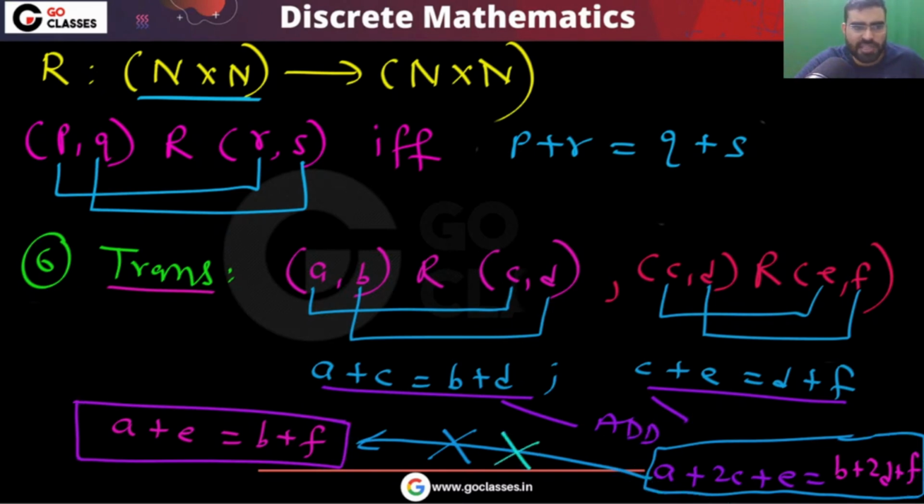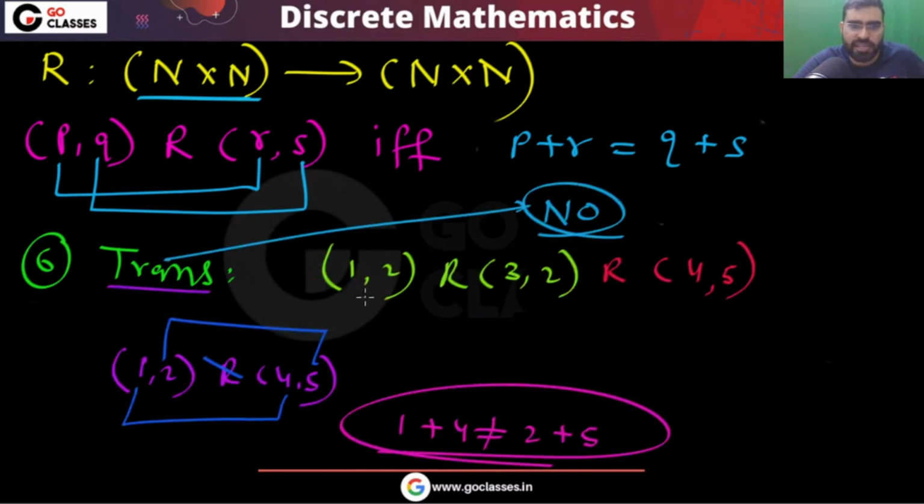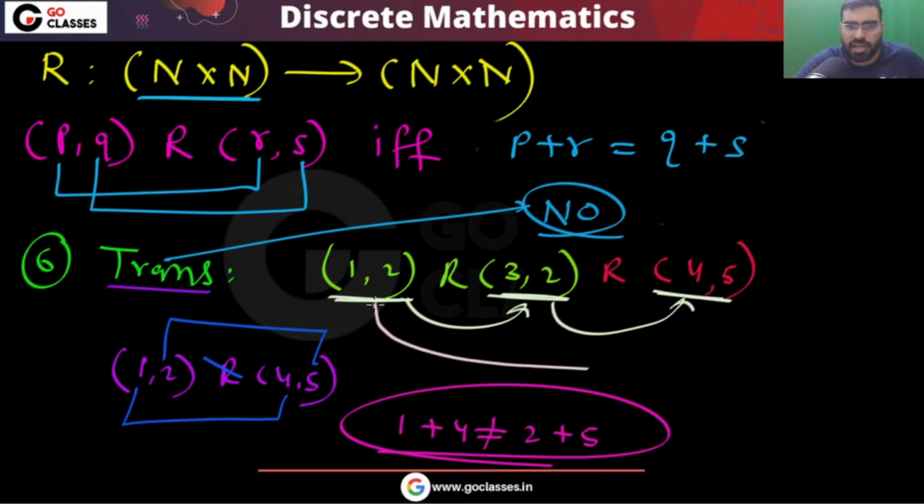That is the reason I am saying that this is not transitive. And you can take a concrete example like 1 comma 2. This 1 comma 2 is related to this one, but you can notice that 1 comma 2 is not related to 4 comma 5. So that is the reason I can say this is not transitive. The relation is not transitive.